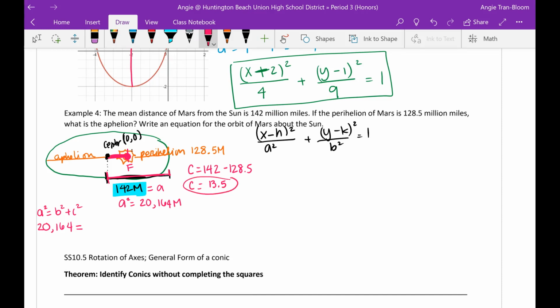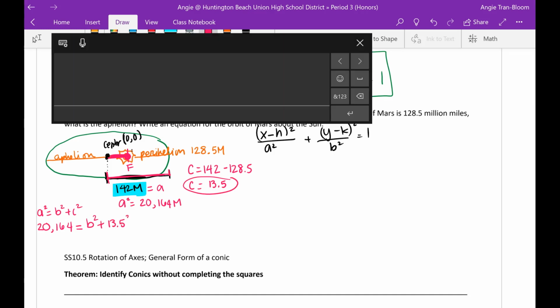Since I know c, I will now plug it back in here: b squared, unknown, plus 13.5 squared. So now I will find b squared equals 20,164 million minus 13.5 squared.